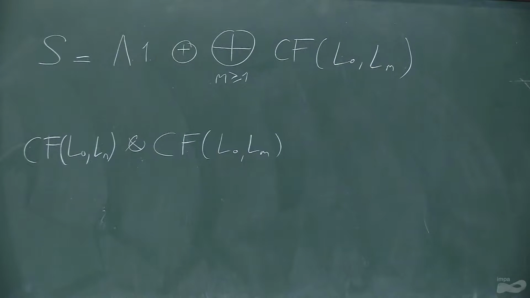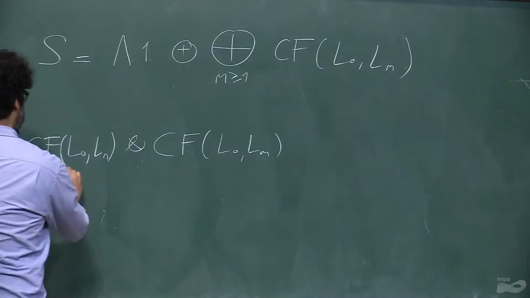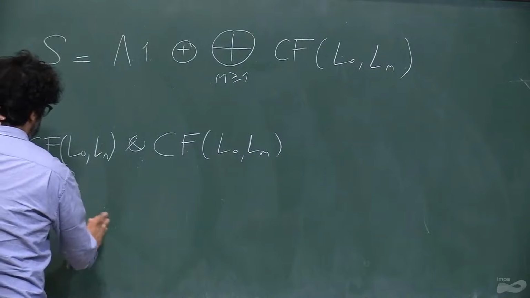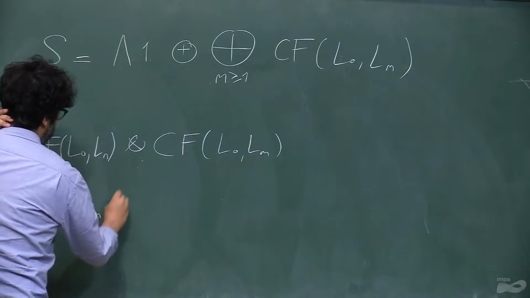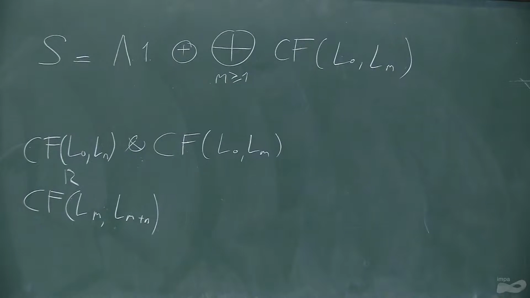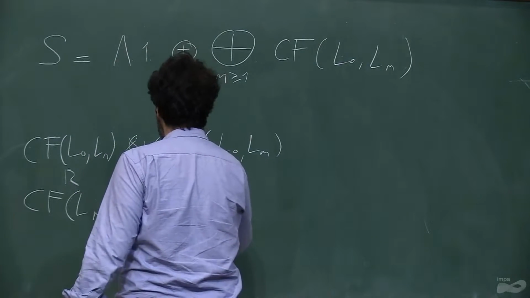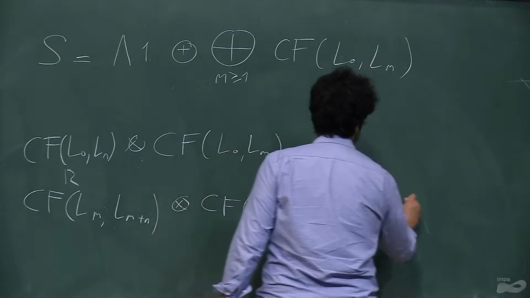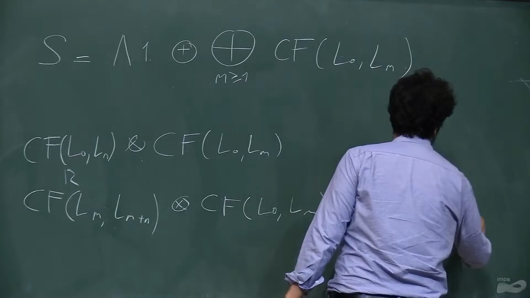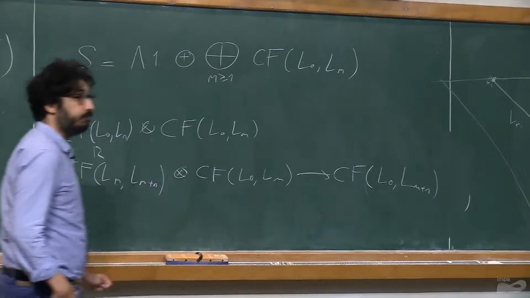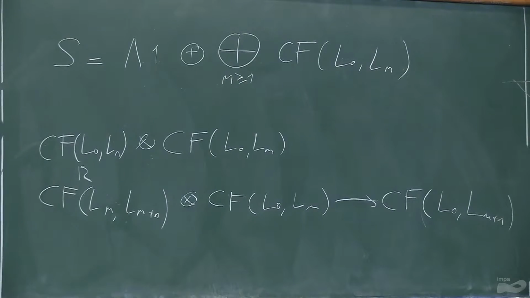Well, I apply this kind of identification to replace this with Lm plus n, right? And then I can apply the Floer triangle product to land into another summand of this ring. Okay, so this is the product.